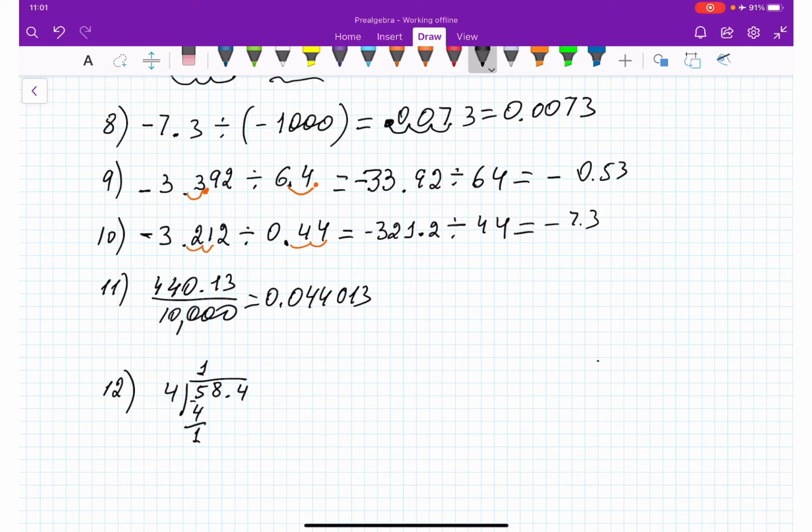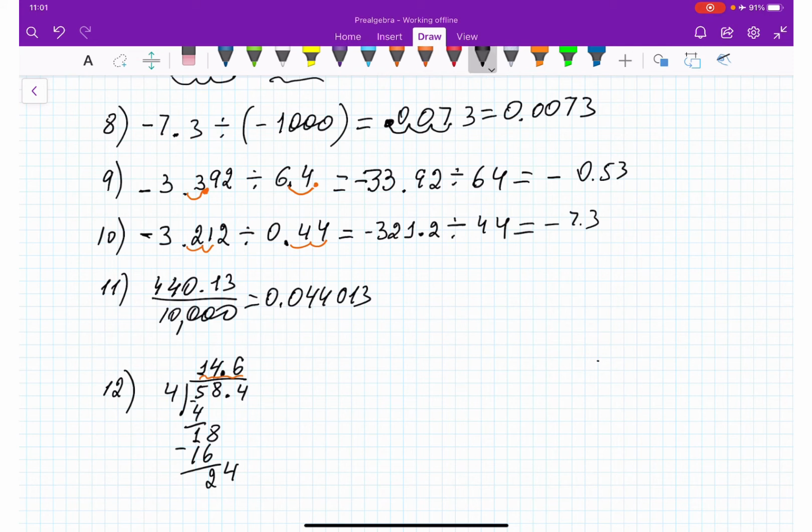Difference is 1. Bringing down 8, 18. 18 divided by 4 is 4 times, right? 4 times 4, 16. Now, 8, after 8 we have the decimal position, so here also we put the decimal point. 24 divided by 4 is 6. Okay, so the answer is 14.6.